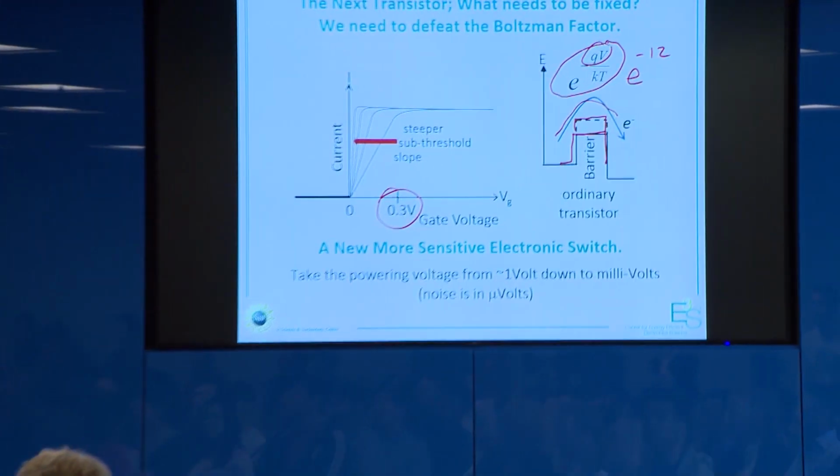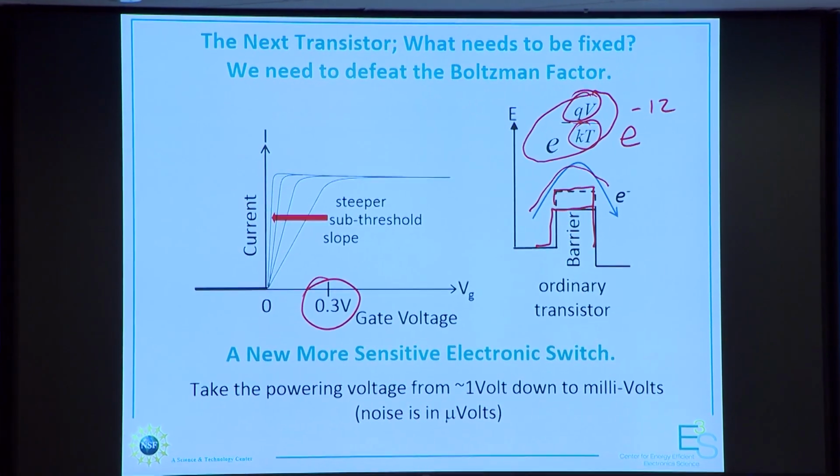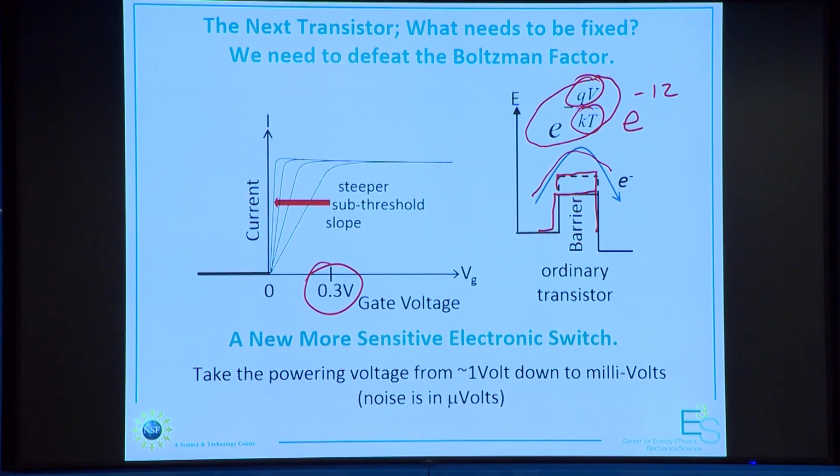You want to turn it off by a factor of 1,000,000. 1,000,000 is roughly, let's say, e to the minus 12. And then e to the minus 12 means the voltage has to be 12 times kT. kT, the thermal voltage, is 25 millivolts, and 12 times that is 0.3 of a volt.